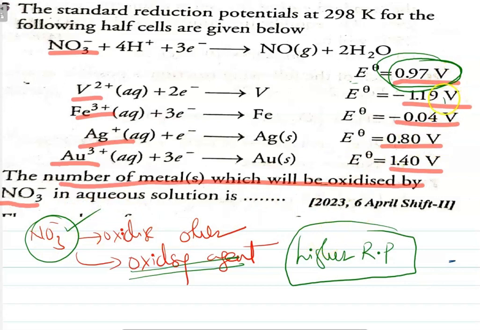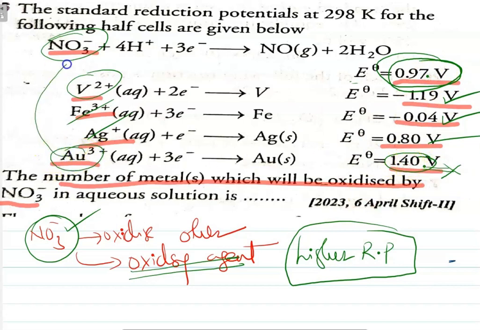That means vanadium plus 2 at minus 1.19 can be oxidized, Fe plus 3 at minus 0.04 can be oxidized, and Ag plus at 0.80 can be oxidized, whereas 1.40 cannot be oxidized by NO3 minus because its reduction potential value is high. The one whose reduction potential is higher will oxidize the other one. So this has a low reduction potential value and cannot oxidize this, but Au plus 3 can oxidize NO3 minus.